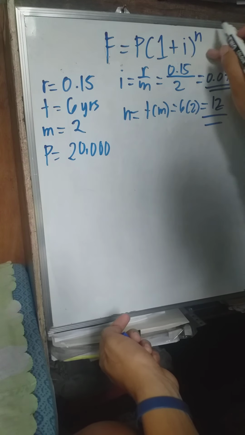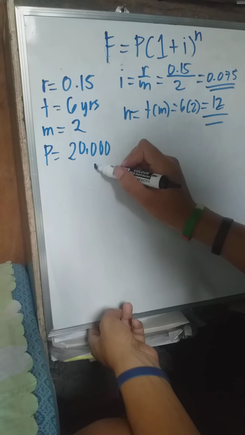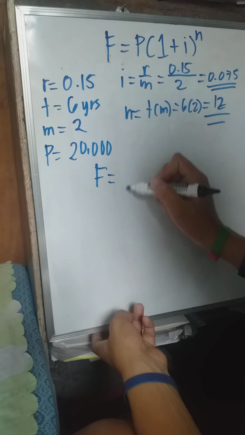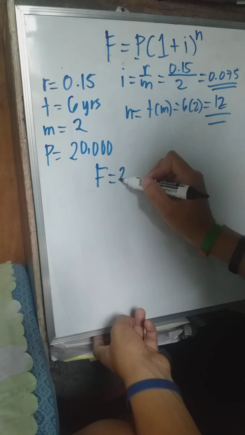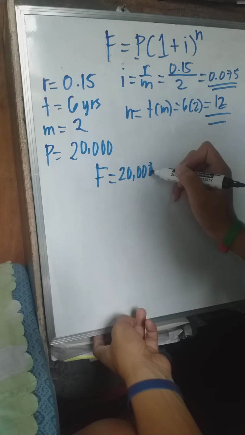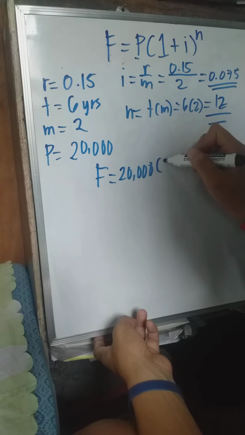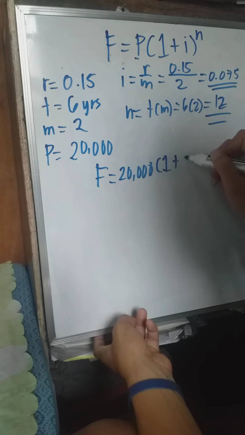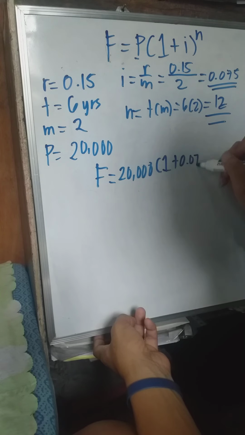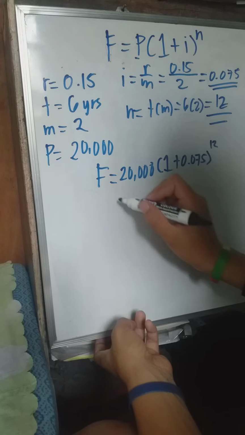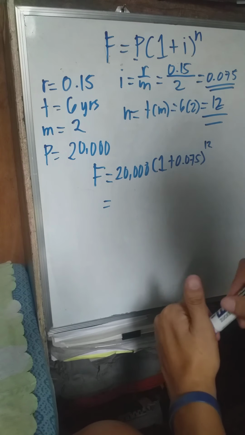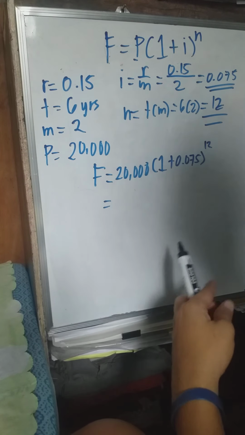So, let's substitute sa formula. So, F is equal to $20,000 times 1 plus I, that is 0.075 raised to N, that is 12. So, let's input this in our calculator.